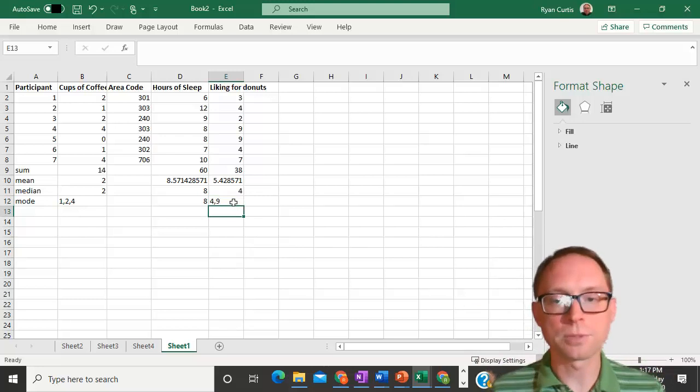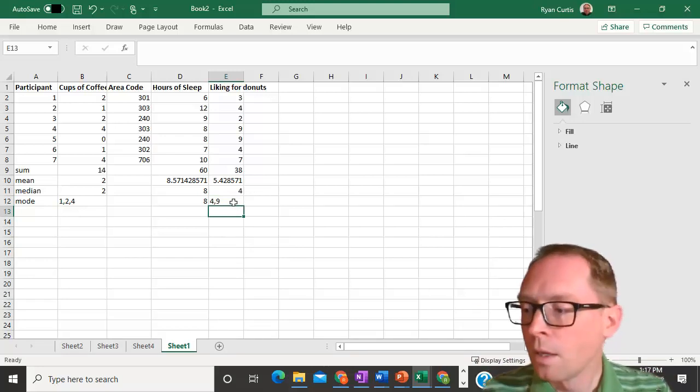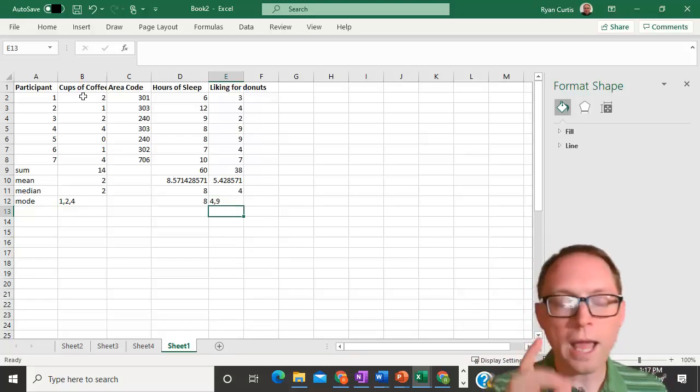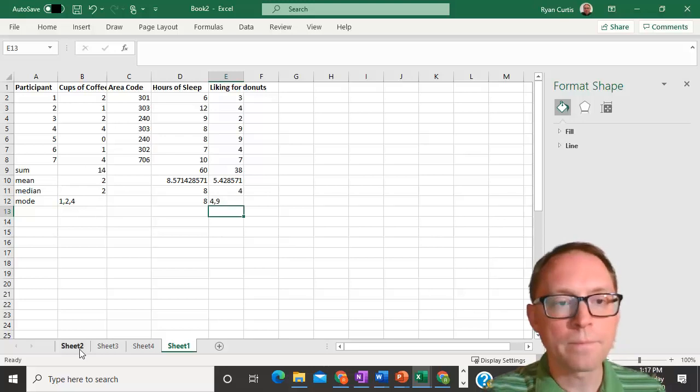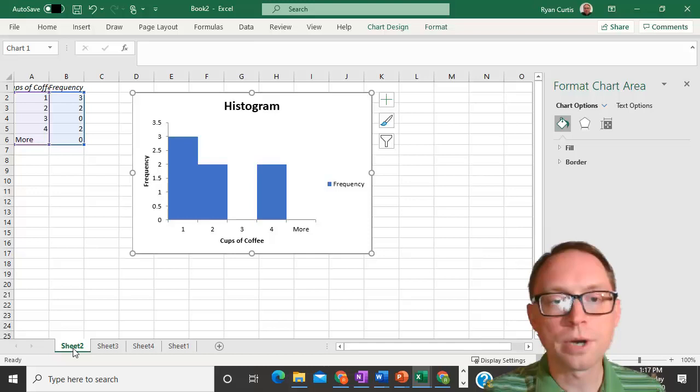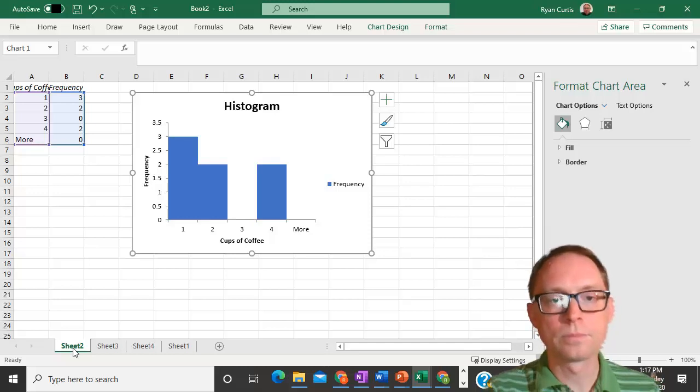Great. Now, let's look at this cups of coffee. We're going to look at the cups of coffee in histogram form. So here we go.